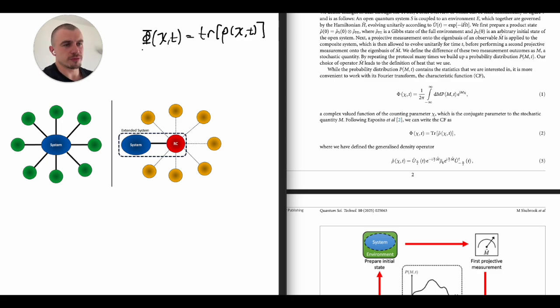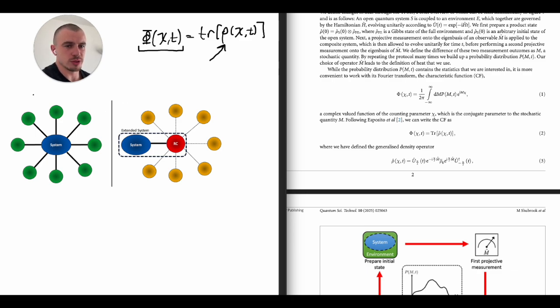And essentially, therefore, calculating these characteristic functions just comes down to tracking this state as accurately as we can. And there's a few ways that we can do that depending on the definition of heat that we use.